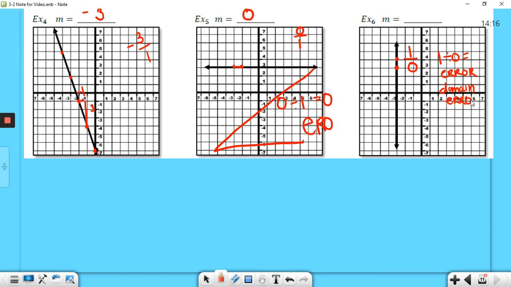Okay, and if you ask Siri what's 1 divided by 0, she has a lot of interesting replies, so you might want to try that on your own time. But we can't divide 1 by 0, so we call that undefined. It's an undefined number. So anytime you have a vertical line, you will have an undefined slope.